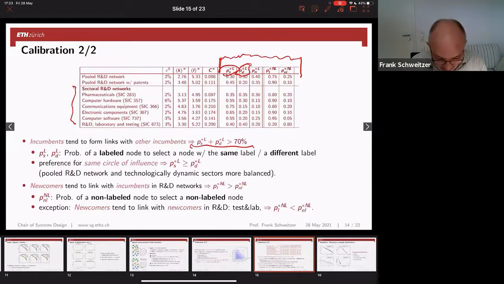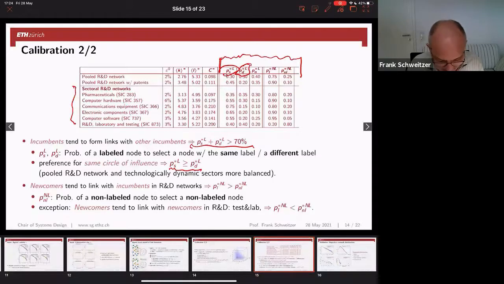So the other thing that we see here, if we compare these two numbers, is that firms prefer to connect to those firms that have the same label or the same color in our simulation in comparison to firms that have a different color. So that's also interesting.